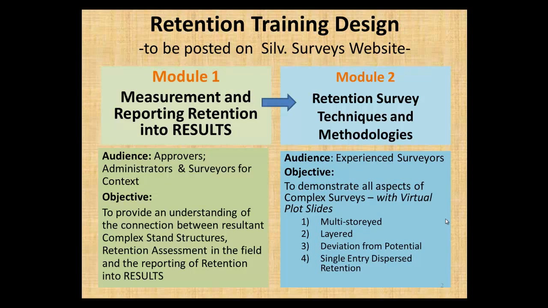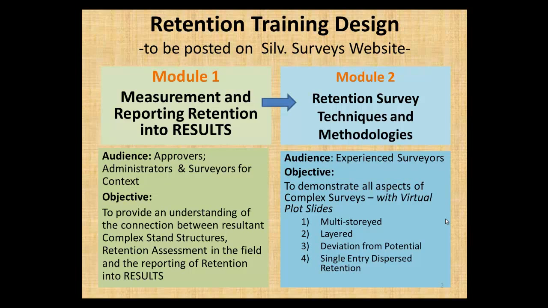The second module is more for experienced surveyors. It's really the complex surveying techniques that are available in the survey's guidebook, but more explained and gone through. In 2011, I did a training session that we posted online as well for those techniques and methodologies.